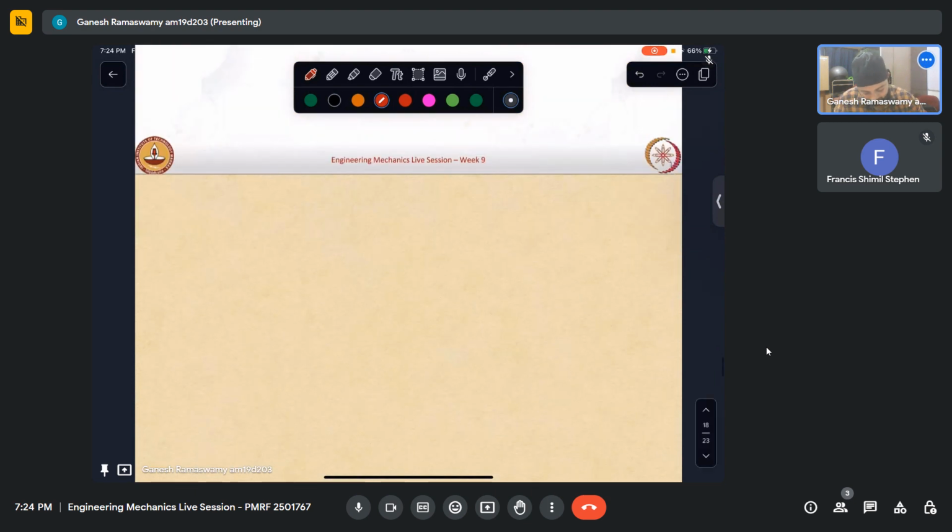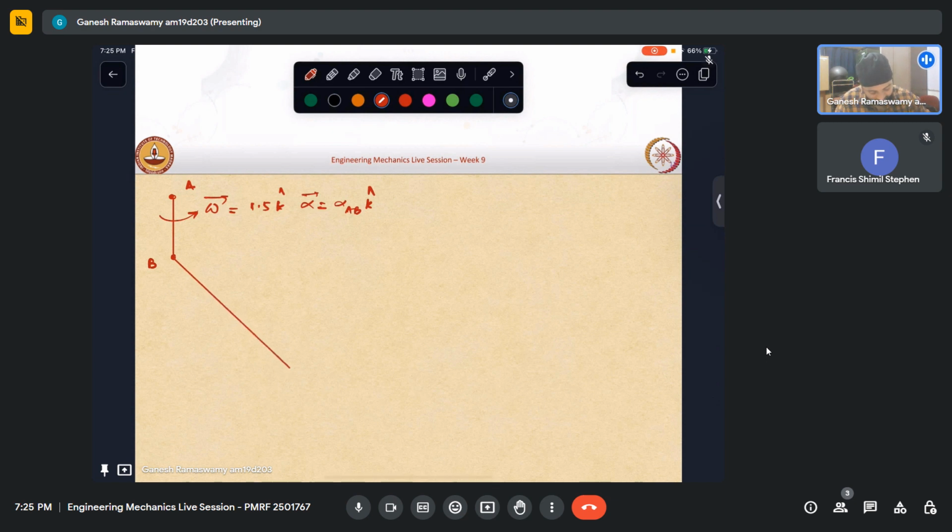Okay, so this was point A, and then we have the link like that. This is point B, this is point A. Now I know this is having omega equal to 1.5 k. Alpha for this is alpha AB k cap, unknown at the moment. Then I have my point C like that.